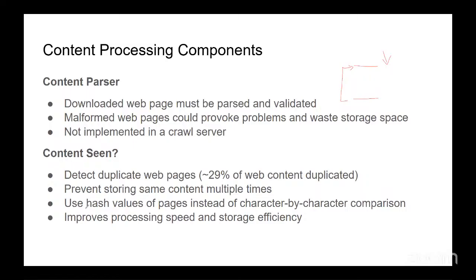The best approach is to use hash values of pages. You already know SHA and those kinds of things. You just keep the hash values of pages and compare them, and this is very fast.